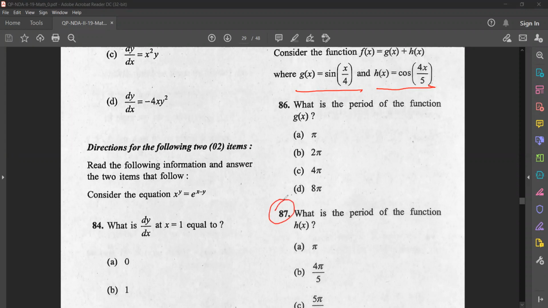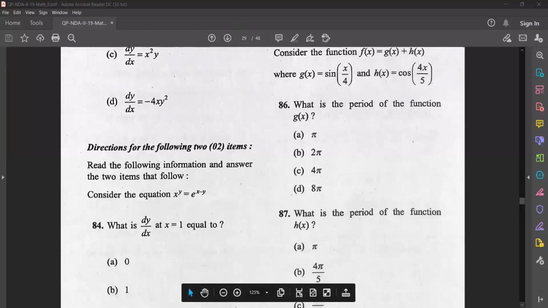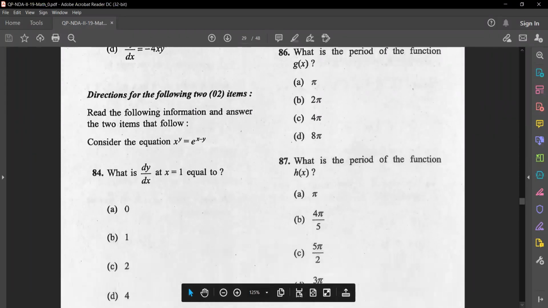What is the period of the function h of x? Try, all of you. Once you get the answer, just comment that. g of x is sin x by 4, h of x is cos 4x by 5.